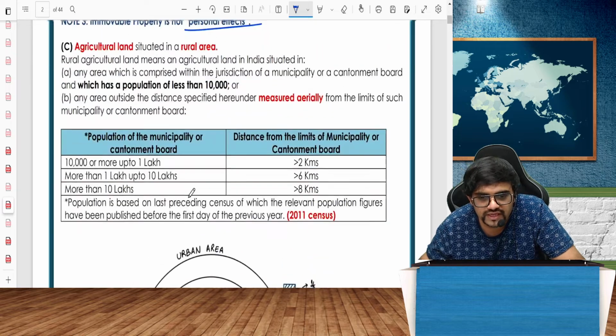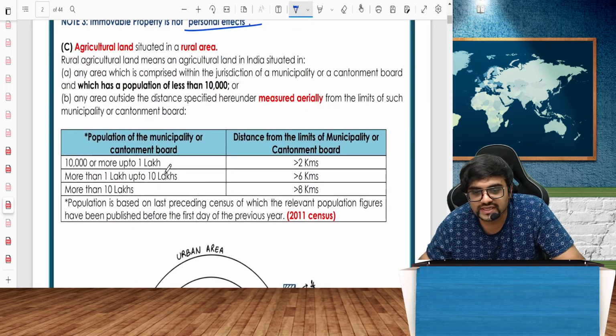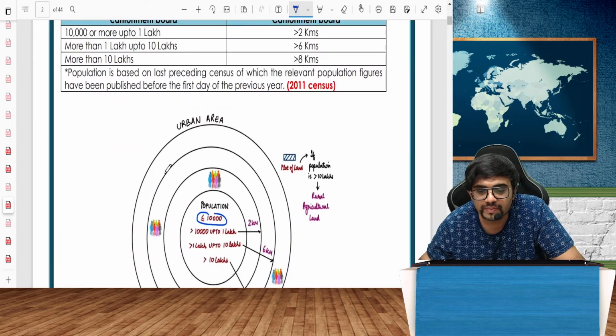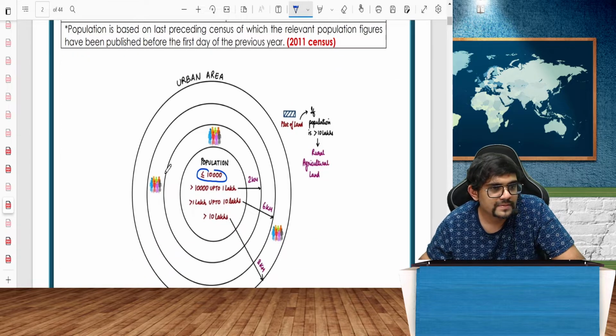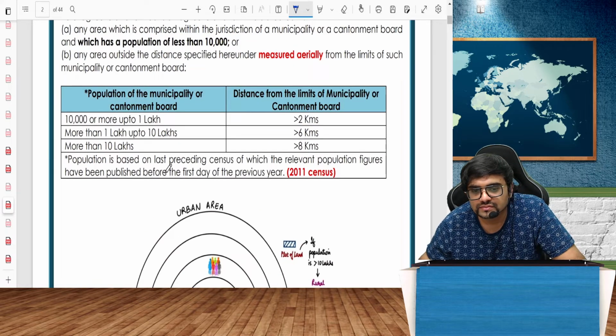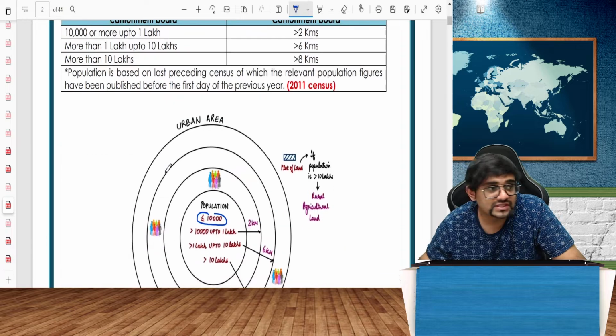It is obviously a cantonment board. If the population is less than or equal to 10,000, it is a rural area.